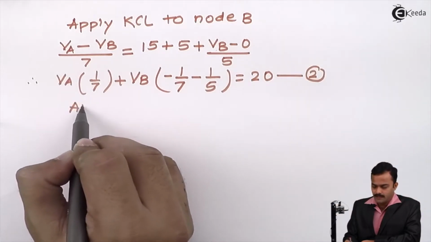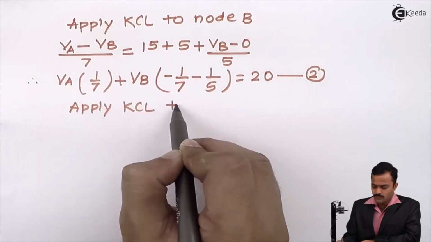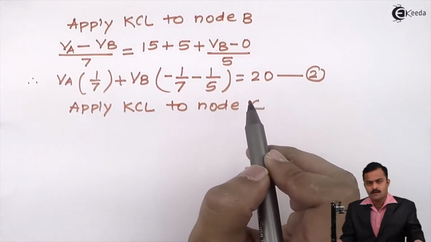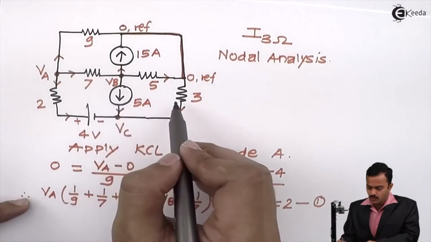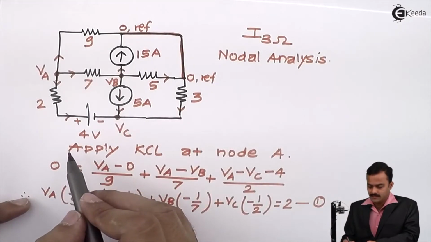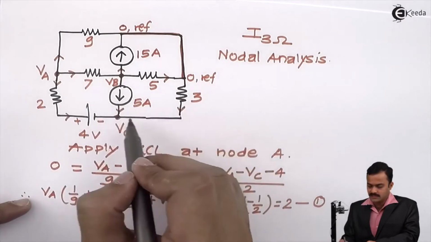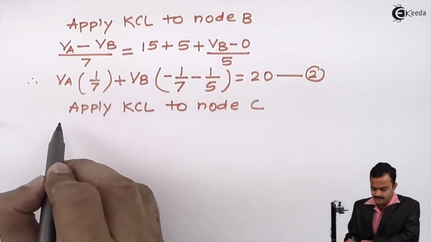Similarly, I can apply KCL to node C. At node C, I am having 1, 2, 3 branches connected. So at node C, coincidentally, all the 3 branches have incoming currents. So let's write the equation for incoming currents.